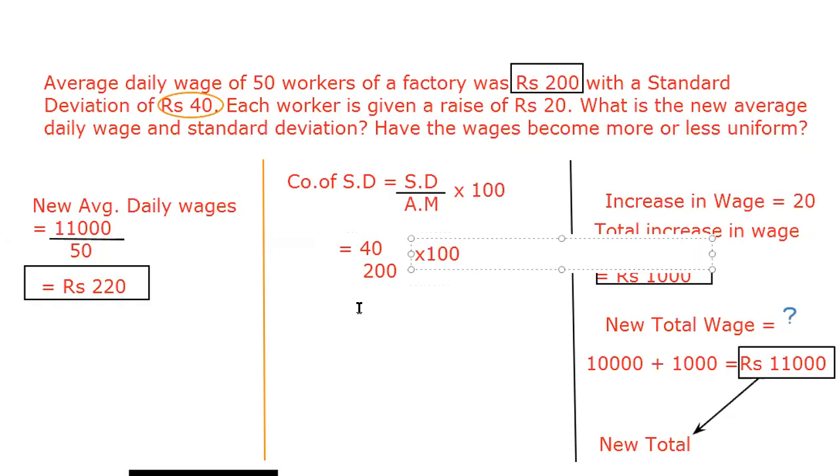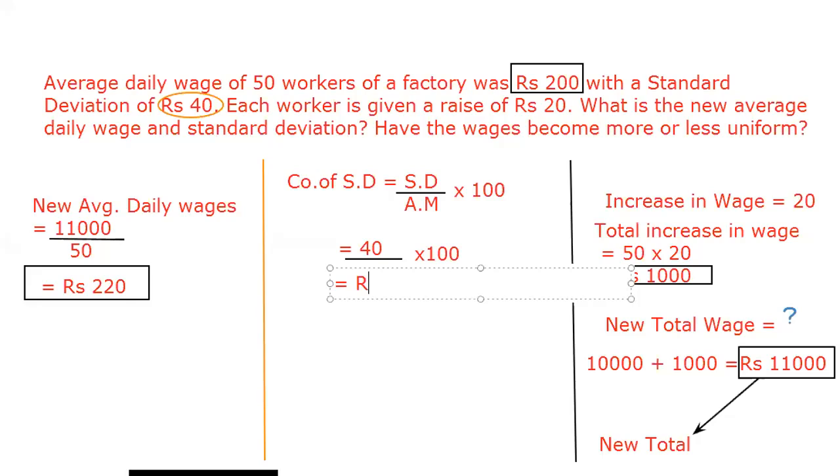Okay. Very good. So this is our coefficient for the previous average, which is equal to what? 20. Okay. So for the new one, what is our new daily average?